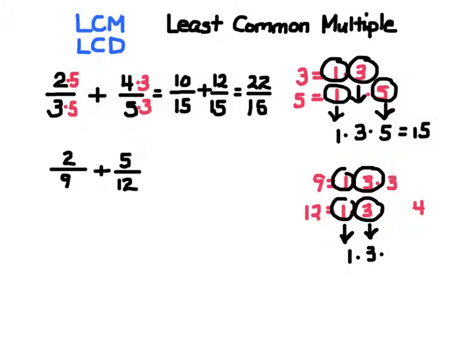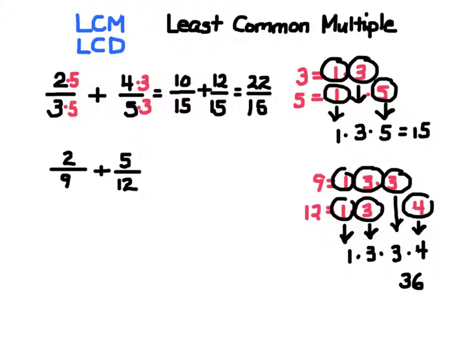One of them has a second 3, and we've got to take all factors. We only take them once if, see, 9 has the first 3, 12 has the first 3. We only take that 3 once. But the second 3 that 9 has, we also have to take that. And then the 12 has a 4, so we have to take the 4. So our least common multiple is 3 times 3 times 4, which is 9 times 4, which is 36. So our least common multiple, or least common denominator, is 36.